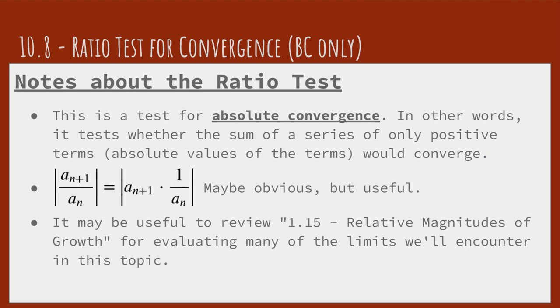So generally what we're going to do to write this expression is we're going to take the n plus first term, which will be a fraction, and we're going to multiply it by the reciprocal of the nth term. So rather than dividing fractions and having a complex fraction and then dealing with the complex fraction, we'll multiply by the reciprocal right off the bat, and that's going to make things a little simpler to get started.